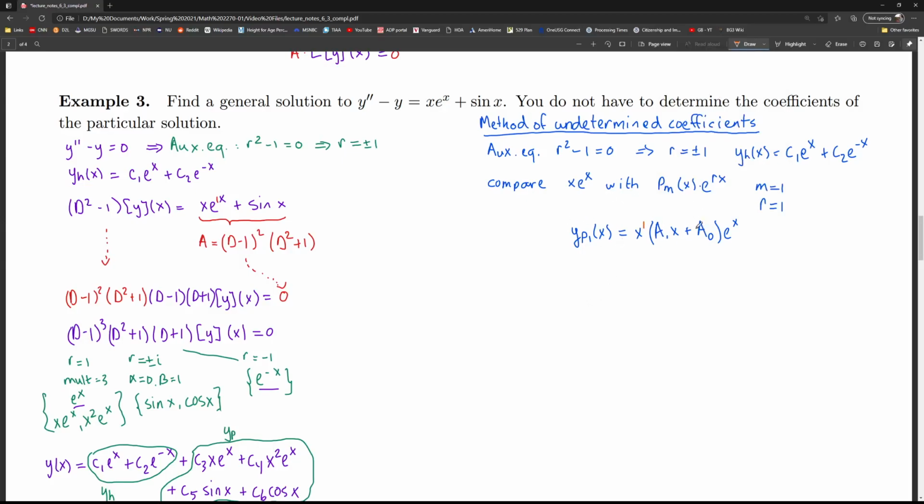So that would give us a particular solution that would take care of this part right here.